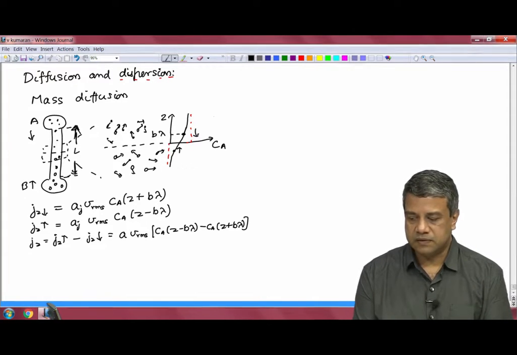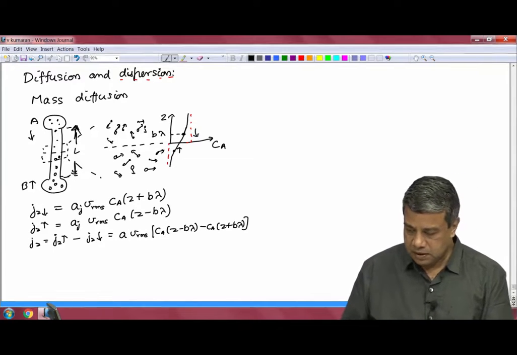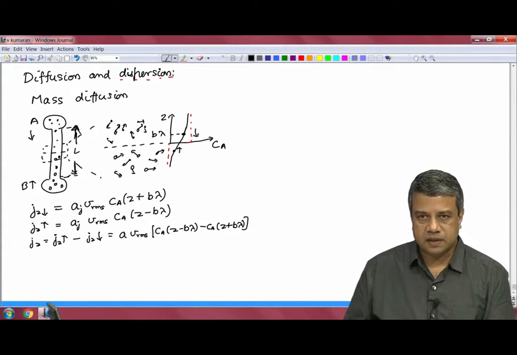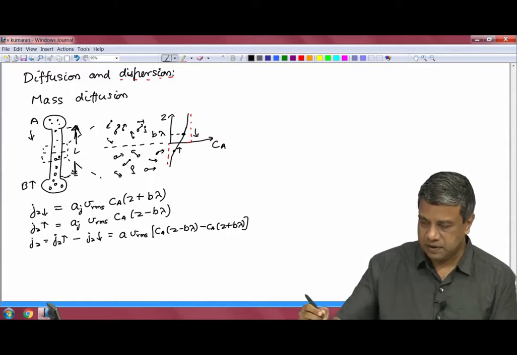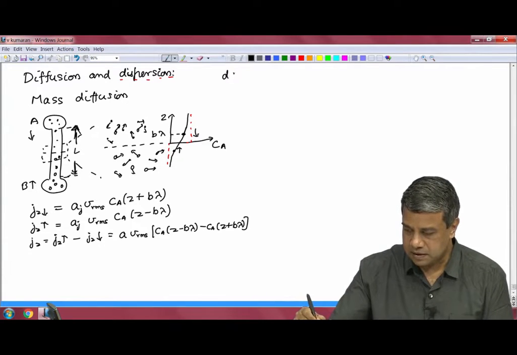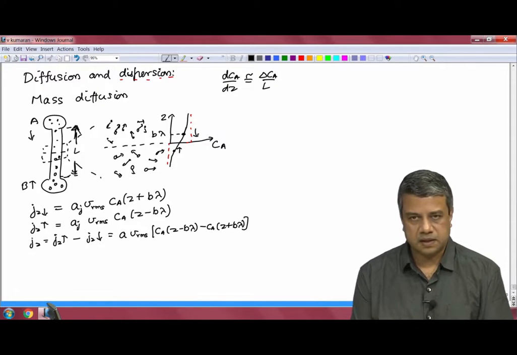If we have to define continuum fields for this case, it means that the mean free path is actually much smaller than the characteristic length scale. So, therefore, if the mean free path is much smaller, then the derivative dC_A by dz will scale approximately as delta C_A by L, the ratio of the difference in concentration divided by the length.